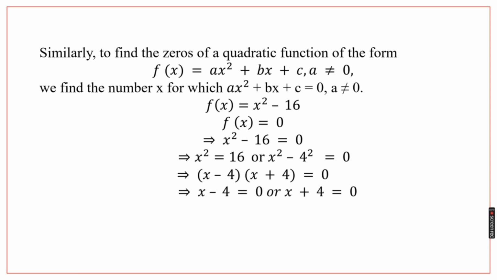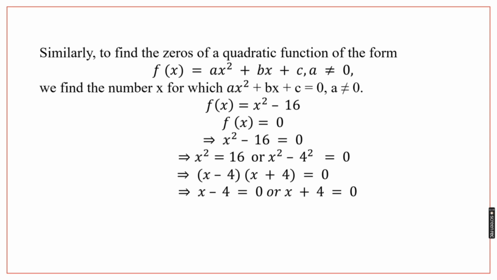So x minus 4 equals 0, or x plus 4 equals 0, because any number multiplied by 0 will be 0.